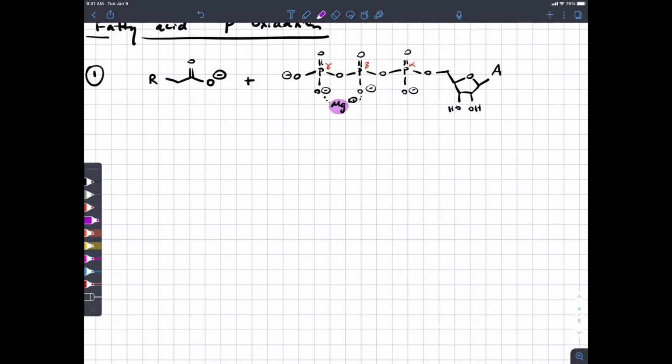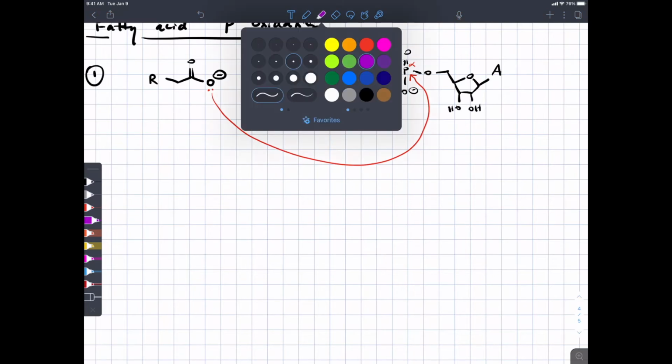Unlike the reaction we saw above, this carboxylic acid is going to attack the alpha phosphate, and the leaving group is going to be this pyrophosphate group.